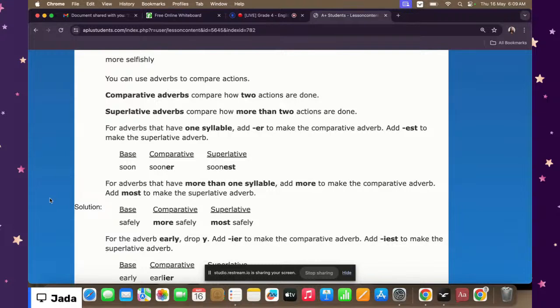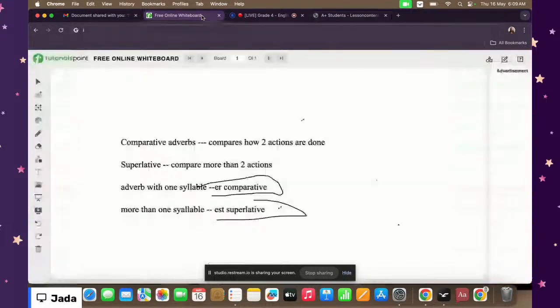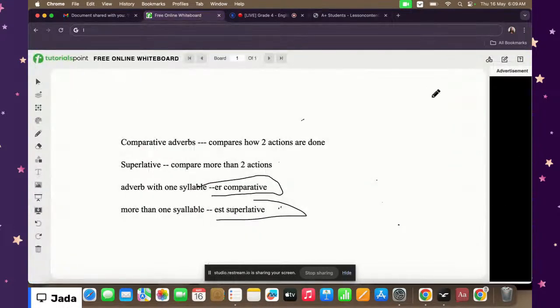I can give my own first example. We can probably have wise, wiser, wisest.